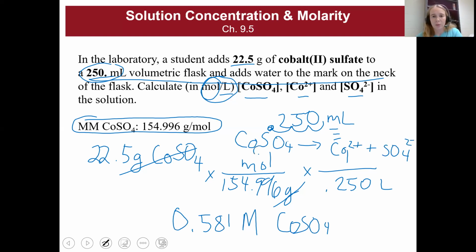There are no subscripts, so we don't have more than one of either of these things. So it's a 1-to-1 dissociation for both ions. So the concentration is the same for both ions in the solution. Unlike our calcium chloride example, this one does match up.